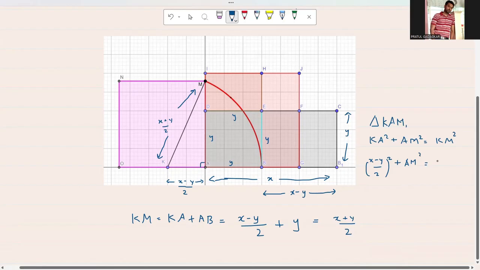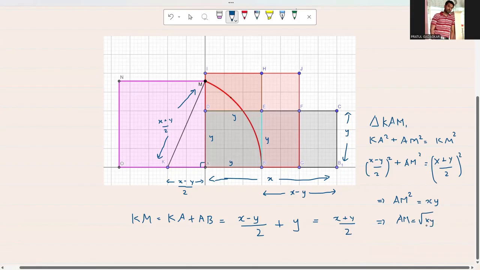KM is x plus y upon 2 whole square. And when I simplify this, I will get AM square is equal to xy, and therefore I will get the value of AM is root xy.